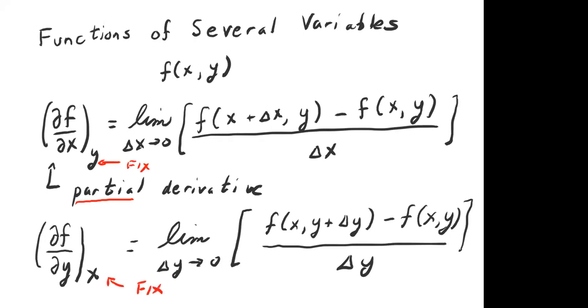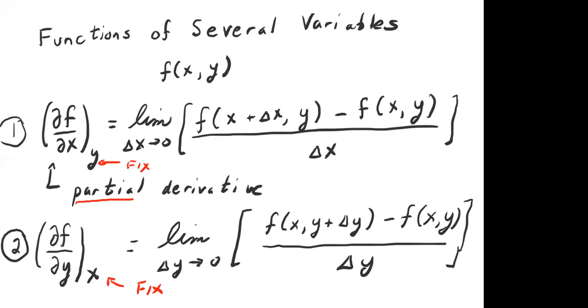Okay. So all you'd have to do is write down this Newton quotient and take the limit, in case 1 as delta x goes to 0, and in case 2 as delta y goes to 0.